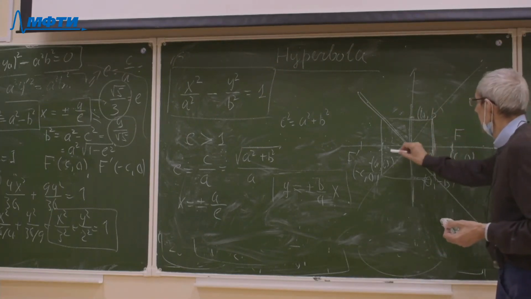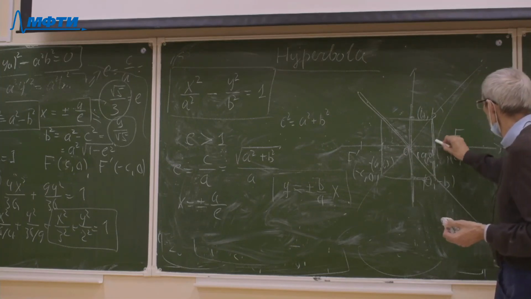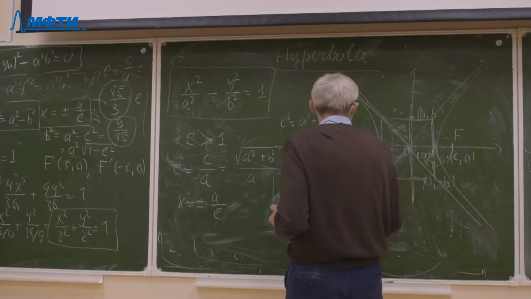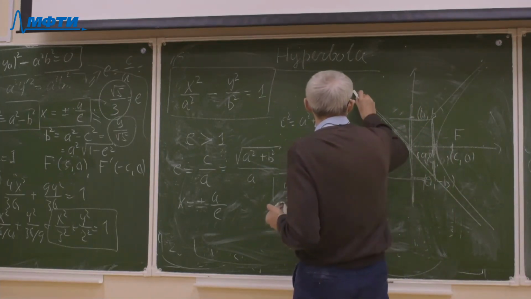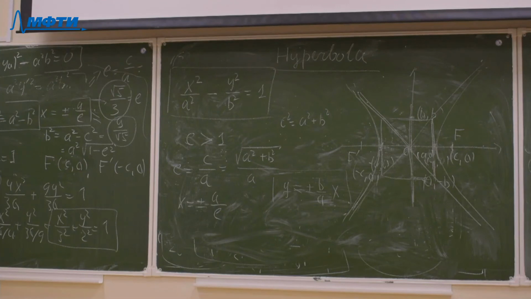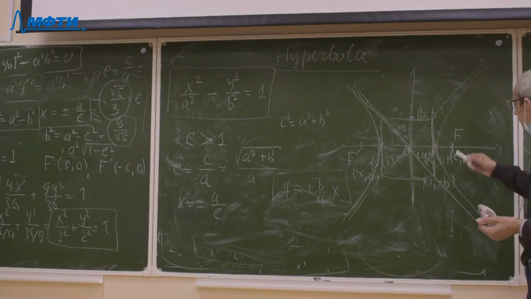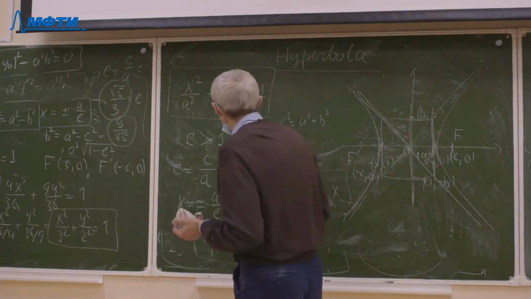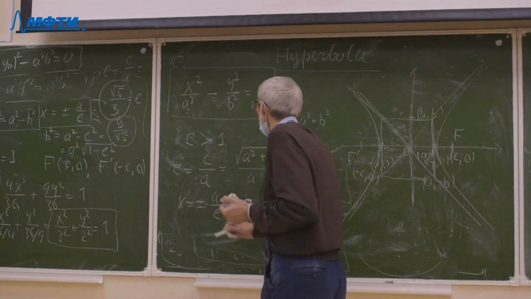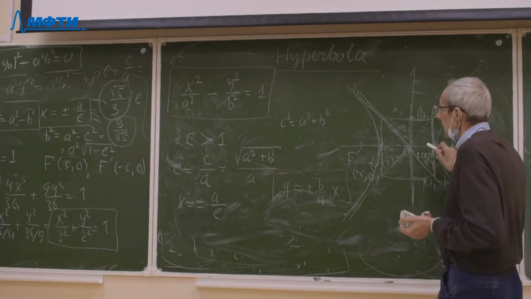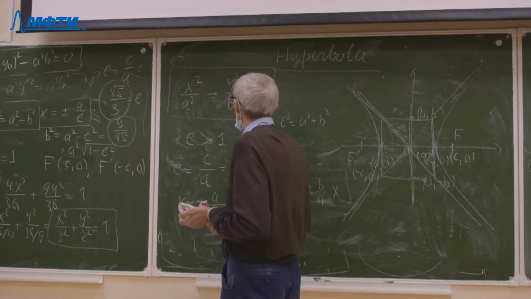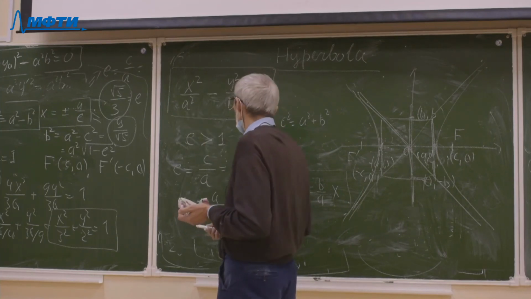And the shape of the hyperbola is the following. The hyperbola has two branches, and it is easy to see that if y is equal to 0, x is equal to plus or minus a, and |x| couldn't be less than a.